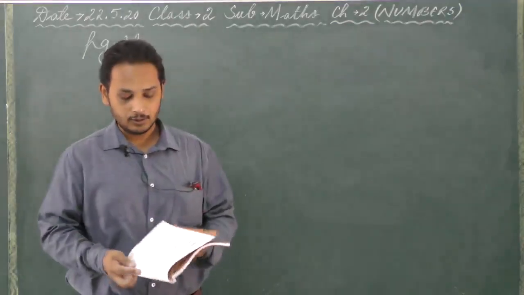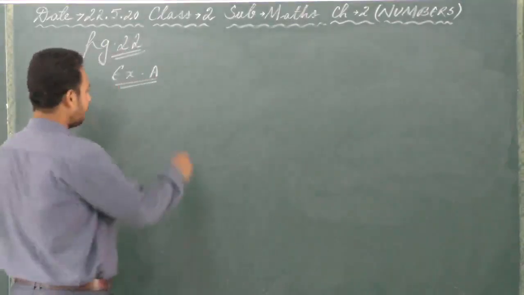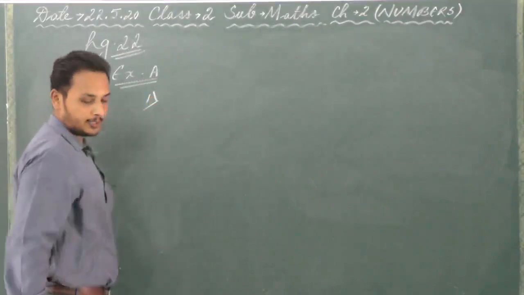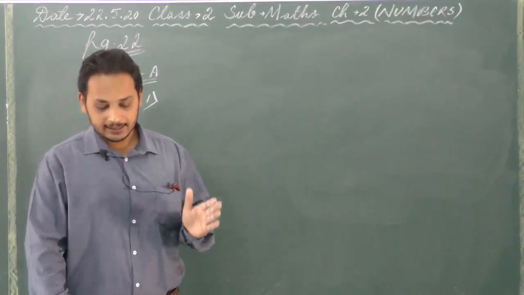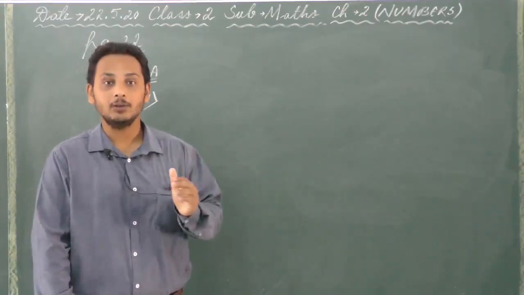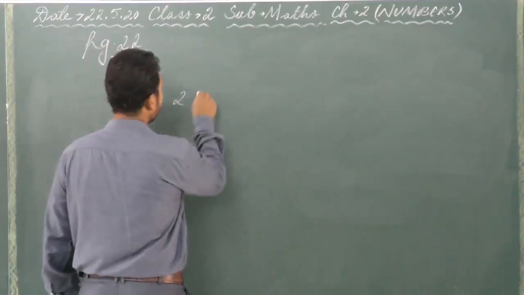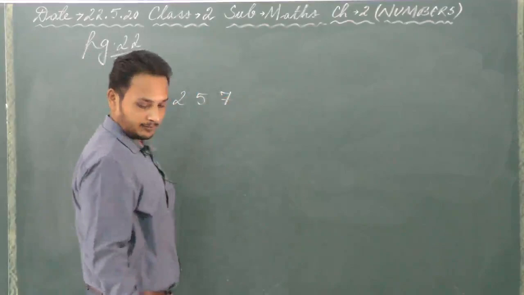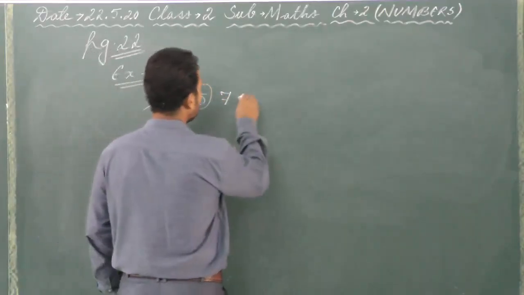So in the left hand column, the first number. Now what you have to do here is write the face value of the circled digits in the following cases. The first number is 257, and which number is circled here? That is 5. So the answer will be what?